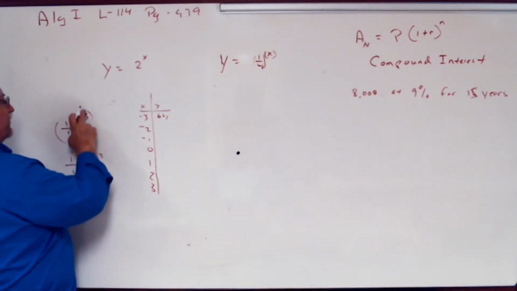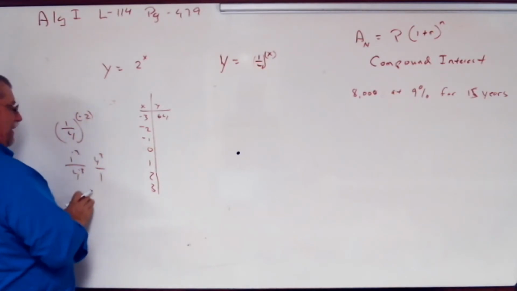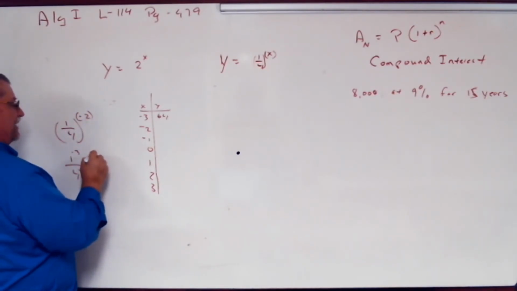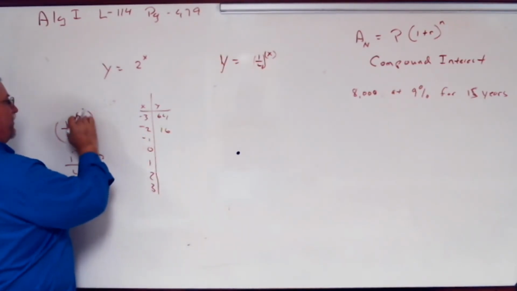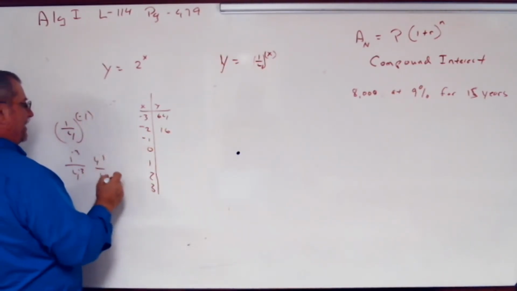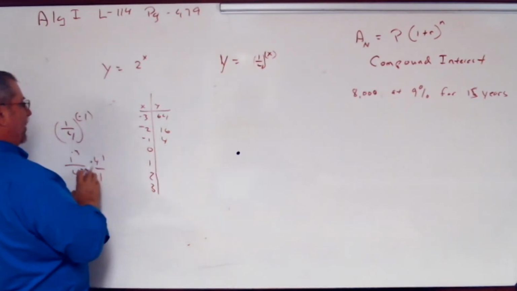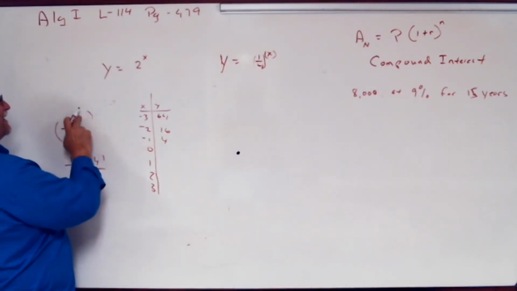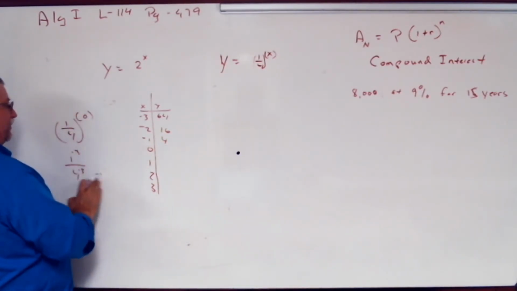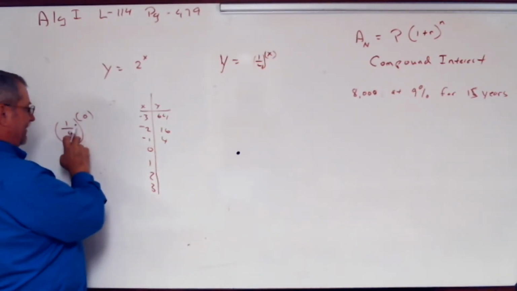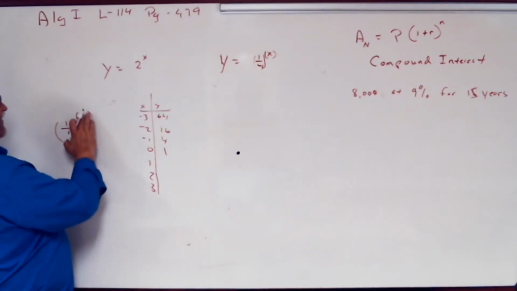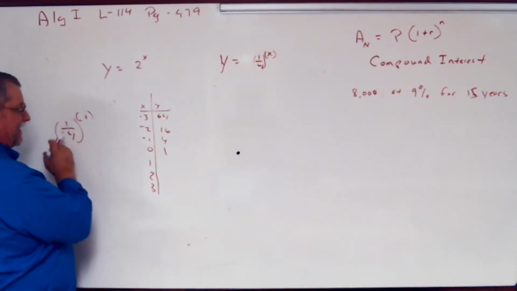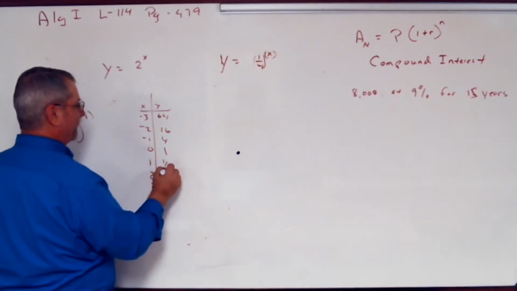All right? So if we put a -2 in here, that's going to put a 2 right there. 16. If we put a -1 right there, that's 4. Anything to the 0 power is equal to 1. If I put a 1 here, I just have 1/4.